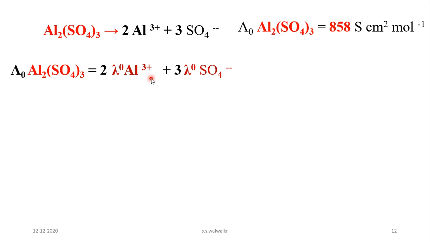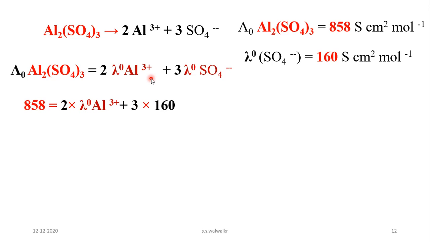Lambda 0 of aluminium sulfate is 858 and lambda 0 of SO4 ion is 160. So substitute these values: 858 is equal to 2 into lambda 0 of Al ion, which we have to calculate, plus 3 into 160.